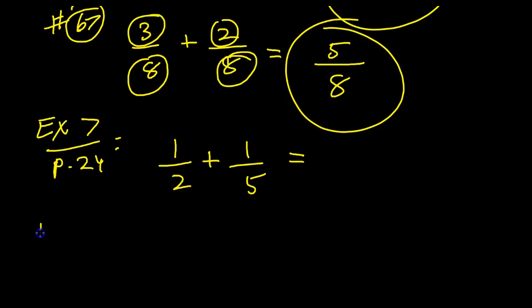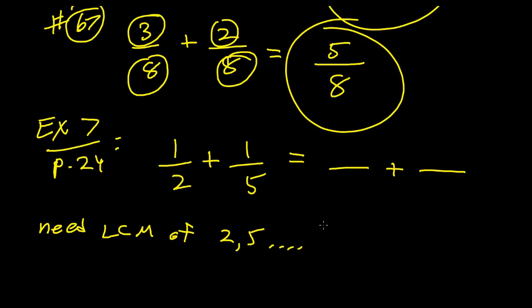Let's see, I need the LCM, least common multiple, of 2 and 5 to get a common denominator. What I want to do is express both these fractions equivalently with the LCM of 2 and 5 as my common denominator.